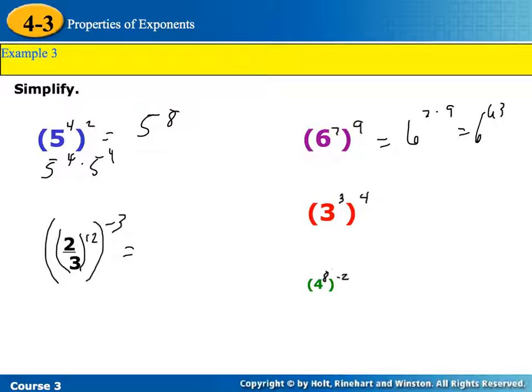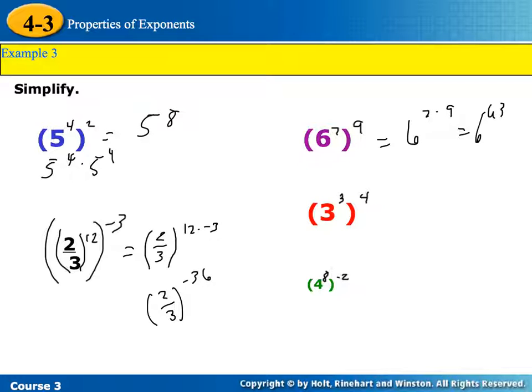Next one. 2/3. I keep this as a fraction, remember. It is 2 over 3 to the 12 times negative 3. Don't forget that you're multiplying your exponents, and I'm going to keep it as 2/3 to the negative 36.